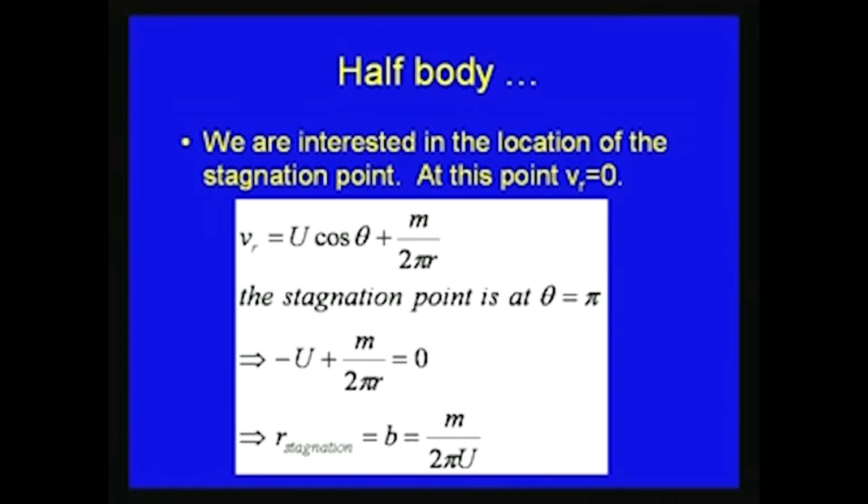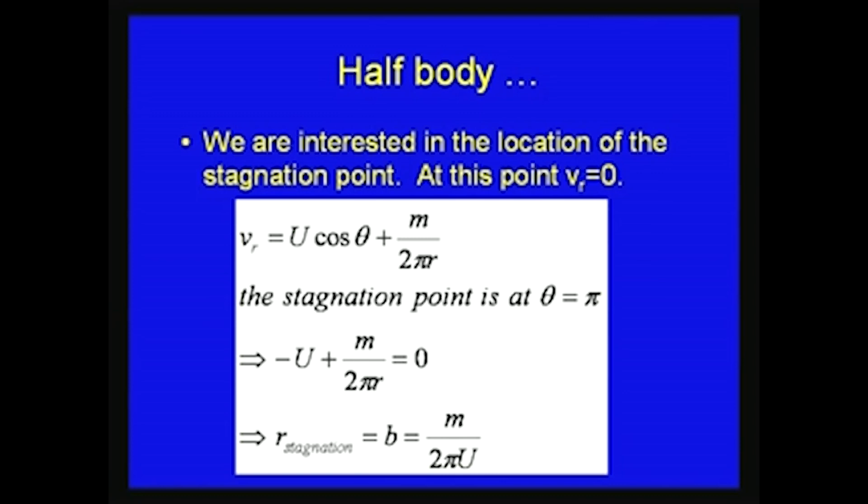The velocity component Vr at the stagnation point is equal to 0, that means the radial velocity is equal to 0. Vr is defined as u cos theta plus m by 2 pi r. If you equate this to 0, Vr is equal to u cos theta plus m by 2 pi r, equal to 0.